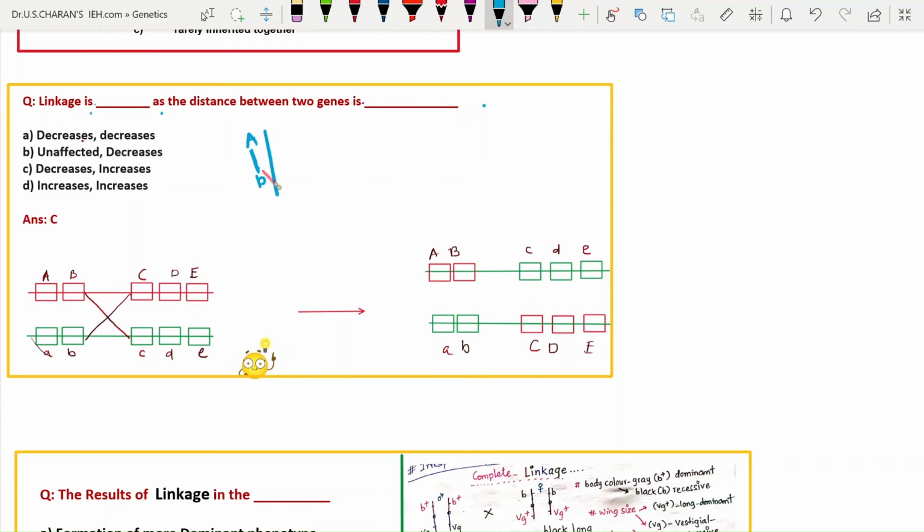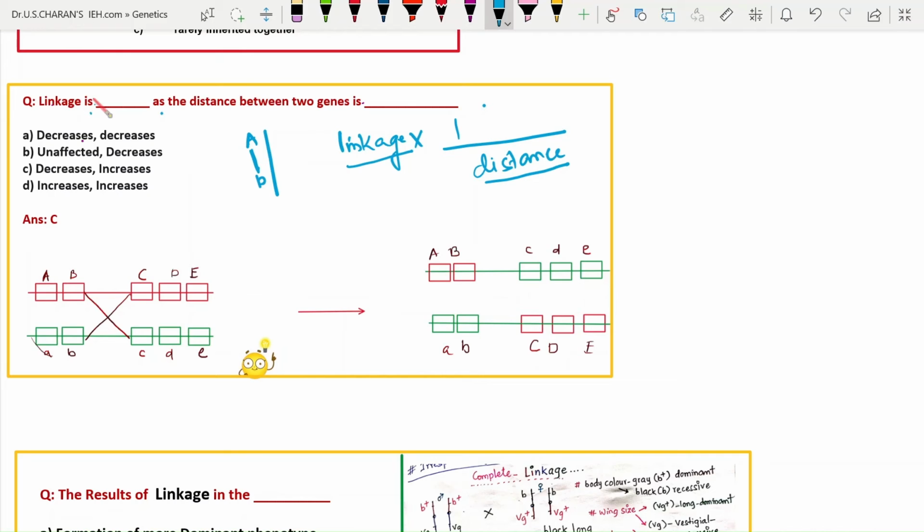So if the linkage is increased while the distance is decreased, the linkage is inversely proportional to distance. Means one is increased while the other is decreased. This is the principle.